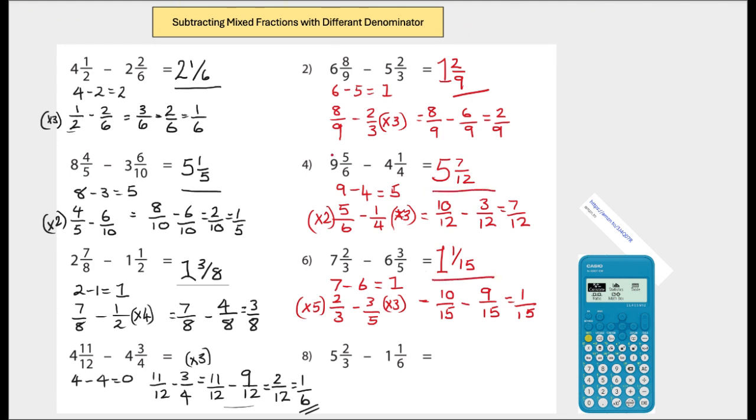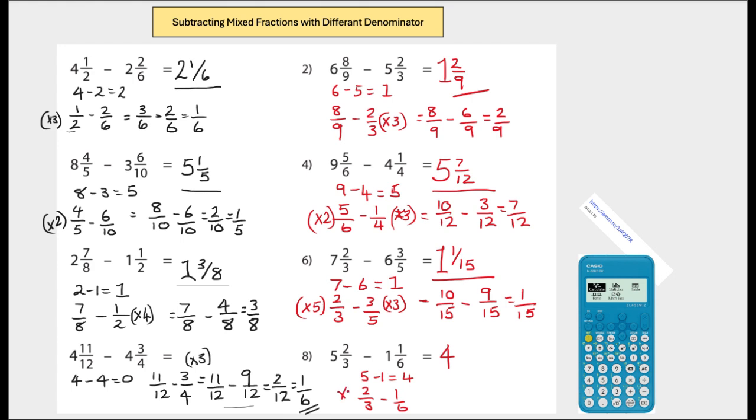And then finally, we should all know it by now, 5 minus 1 is 4. And 2 over 3 minus 1 over 6. We know that if we times this by 2, we get a new denominator, 6.